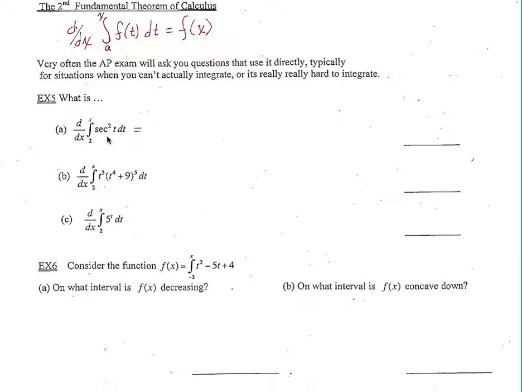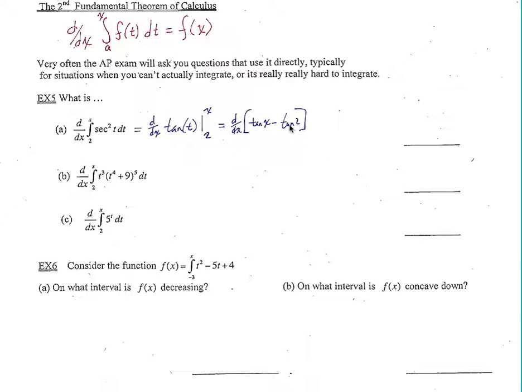If we take the integral of secant squared t dt, that's going to be the tangent of t from lower bound of 2, upper bound of x, and then we'll take the derivative of all of that, which is the derivative of tangent x minus tangent 2.